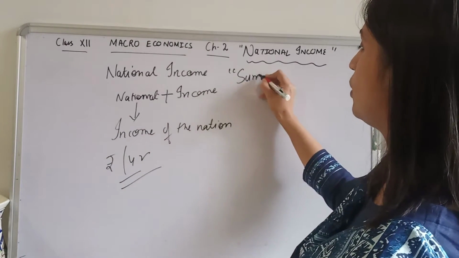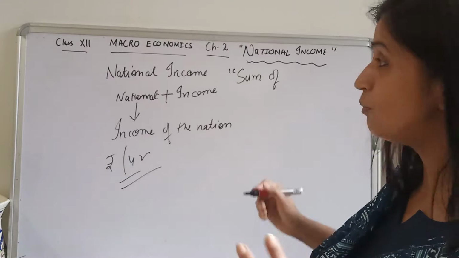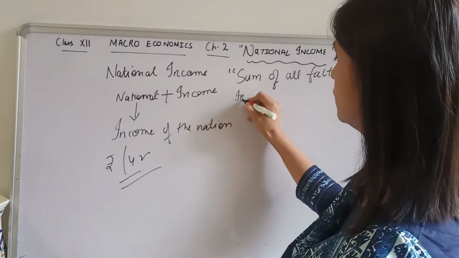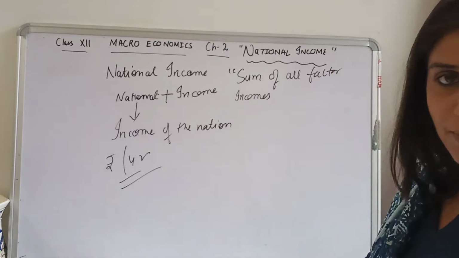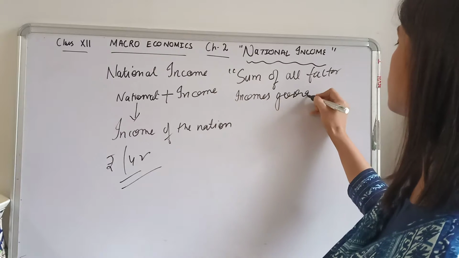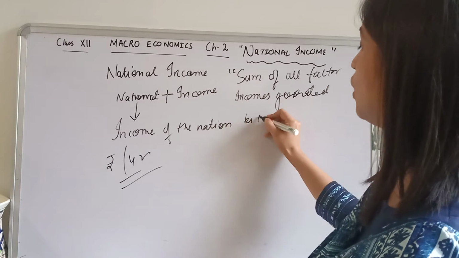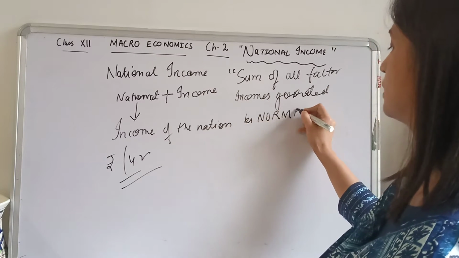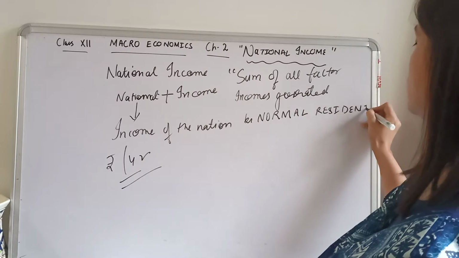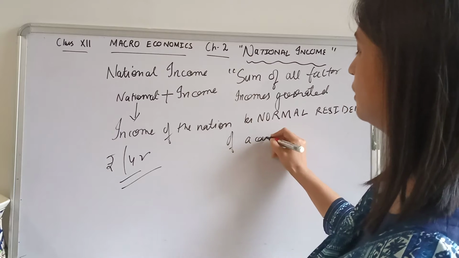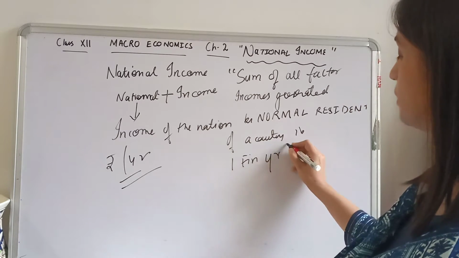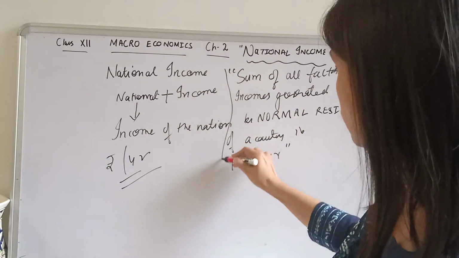National income is the sum of all factor incomes generated by the normal residents of a country in one financial year.